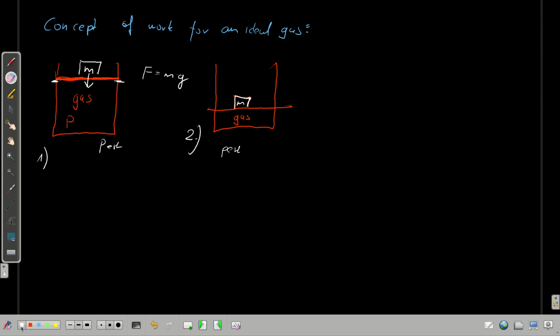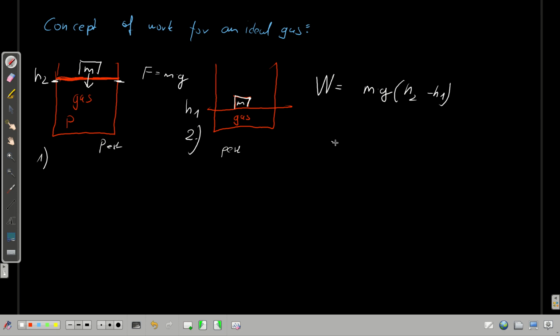We would like to find an expression for the work. So the work is equal to force times distance. The force is mass times the gravitational constant. The distance is the height difference, h2 minus h1. So here it would be h2, and here the height would be h1.